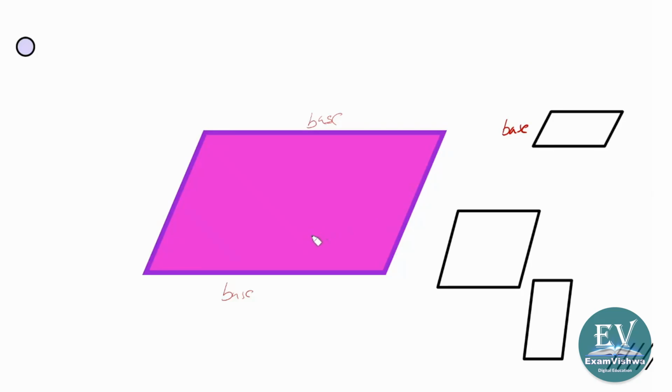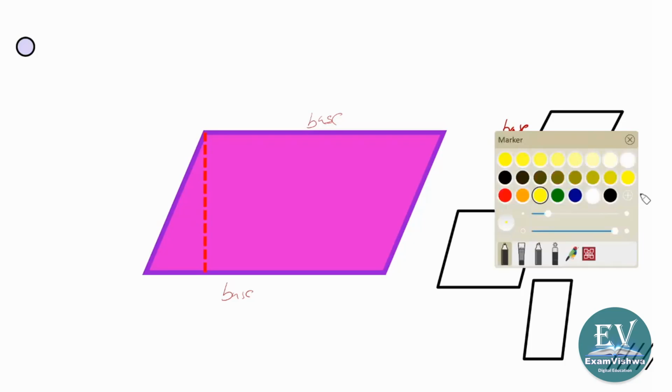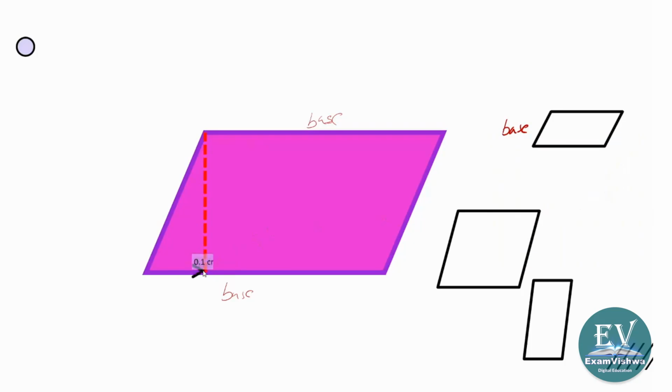So I will show you it in the first case. Here I will be drawing a base over here. I will show you. I will be drawing a height over here now. See, I have drawn a height here. Changing the color so that you can see. You can see the height is drawn here. See, this is the height.